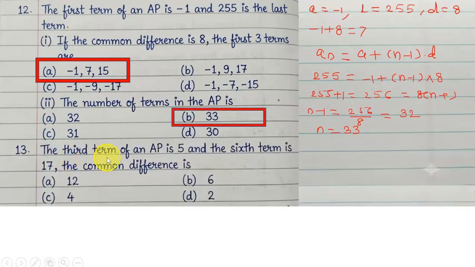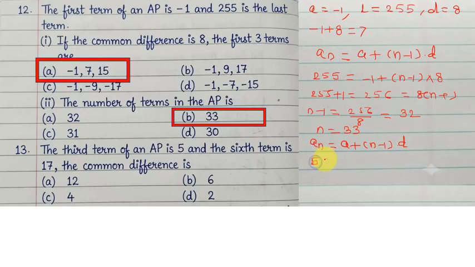Next, the third term of an AP is 5 and the sixth term is 17. Then what is the common difference? What is the formula for a_n? a_n is equal to a plus (n minus 1) into d. For the third term, n is replaced by 3 and it is 5.